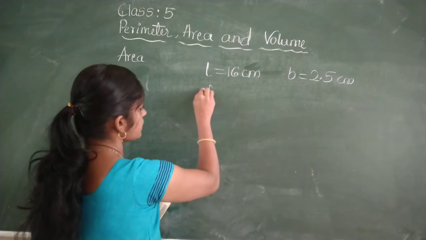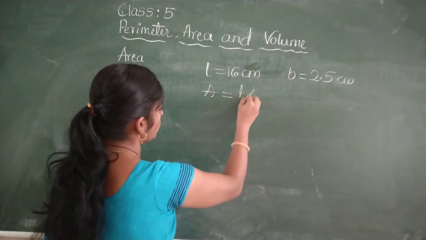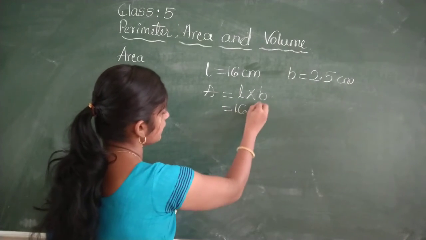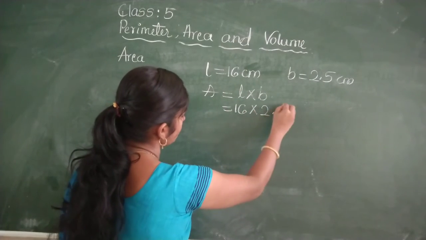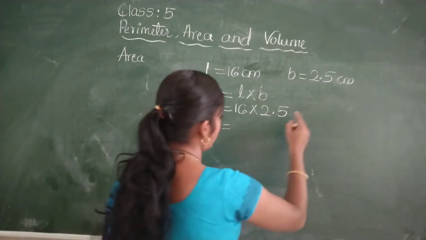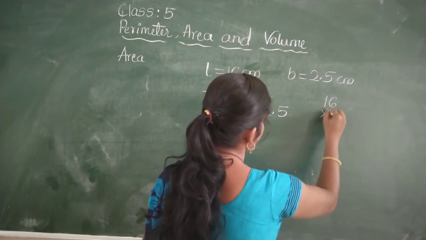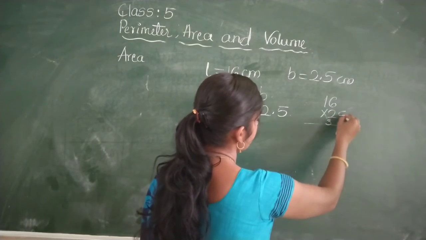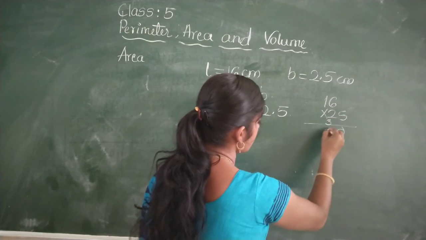Again you have to use the same formula, area is equal to length into breadth. Length they have given 16 centimeter and breadth 2.5. For the time being ignore this point and take it as 25. Multiply here, 5 6s are 30, 5 1s are 5, 5 plus 3 is 8.